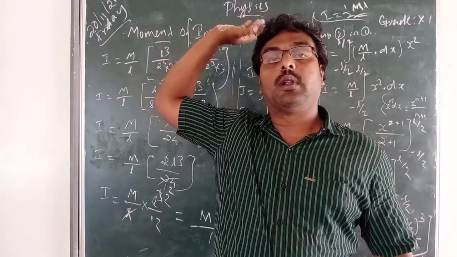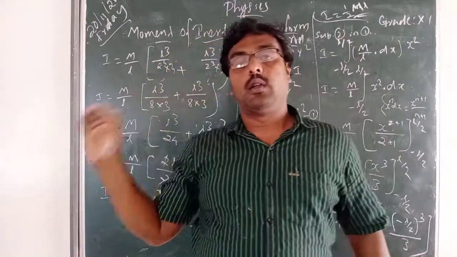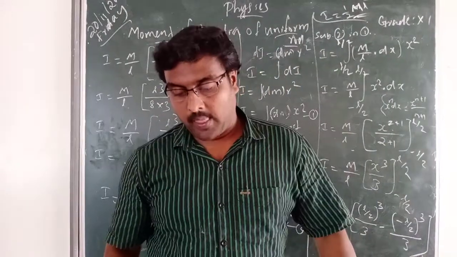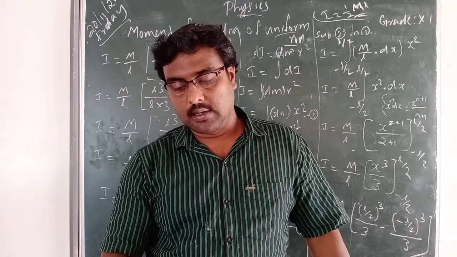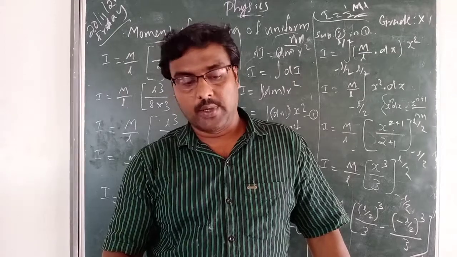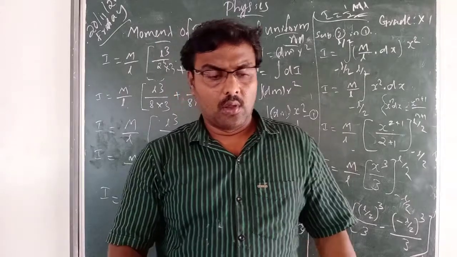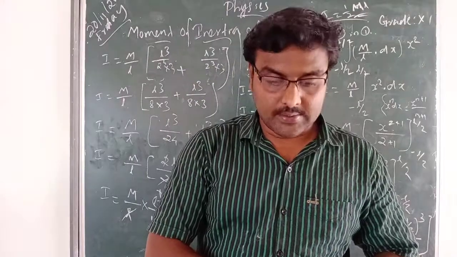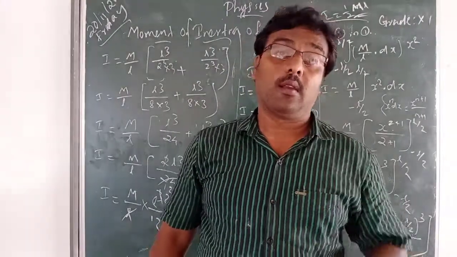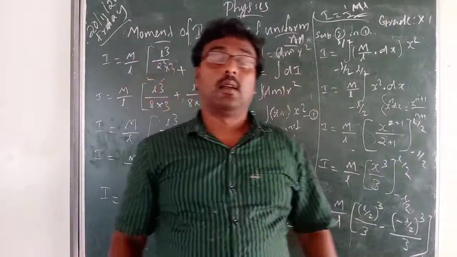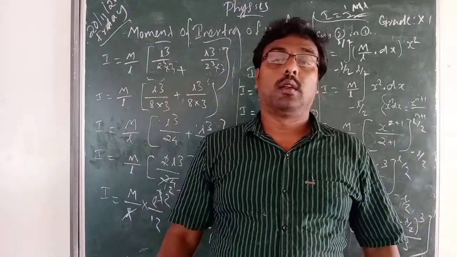You can find out the moment of inertia of a uniform rod. Based on this integration, there is example 5.14 in page number 235. You can practice this problem at home, and you can practice this derivation. It is a very important derivation.